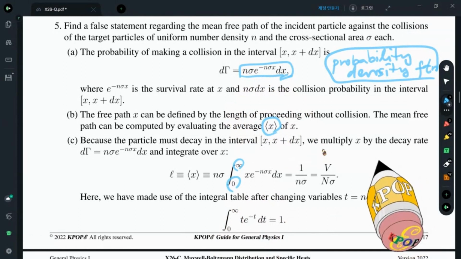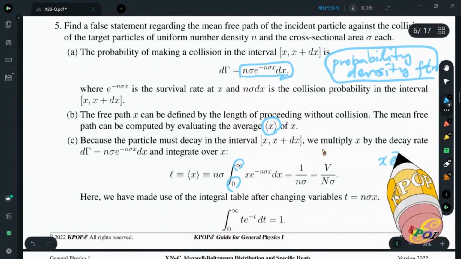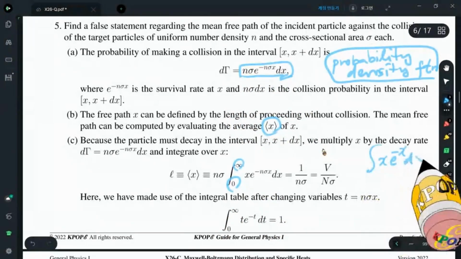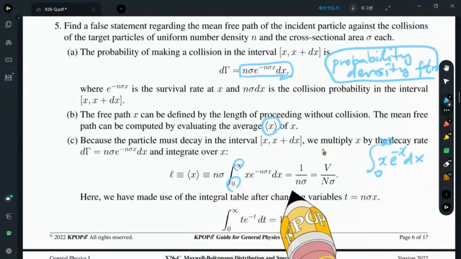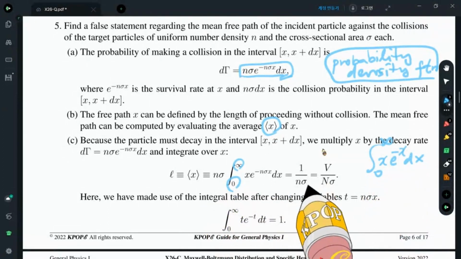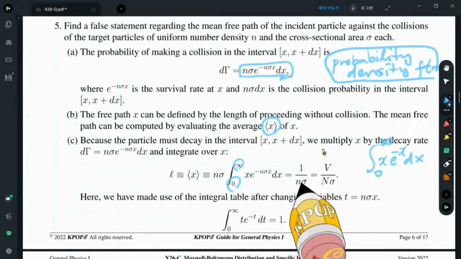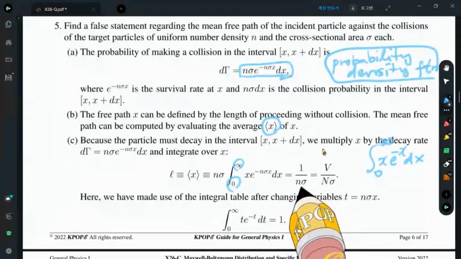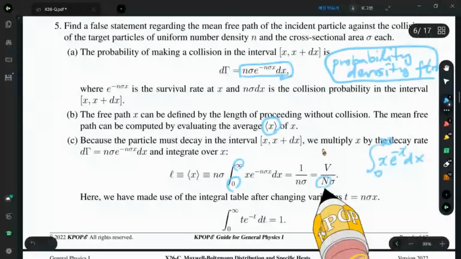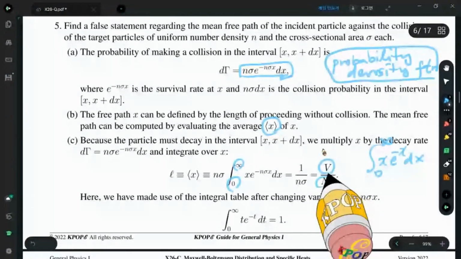Again, x e to the minus x, this integral is a trivial integral. And the final result is 1 over n sigma. This n, small n, number density, can be replaced with the number of particles per volume.